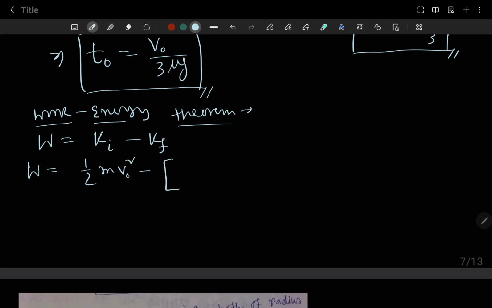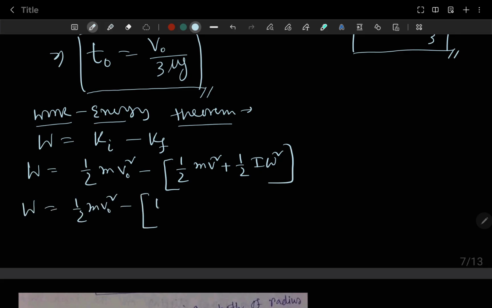But then it starts pure rolling at the end, so it will become half m v square plus half I omega square, right? Now see, it is half m v0 square minus half m v square plus half m r square omega square. Now r square omega square is v square, right?